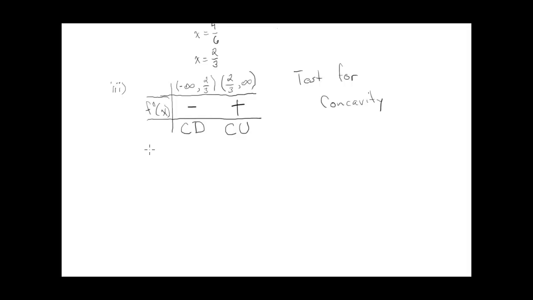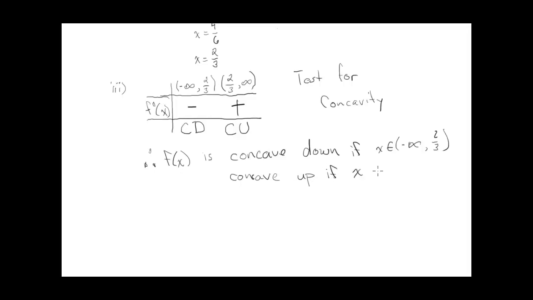Okay, so therefore f of x is concave down if x is in the interval from minus infinity to 2/3, and concave up if x is in the other interval, from 2/3 to infinity. Okay, so that's your intervals of concavity.